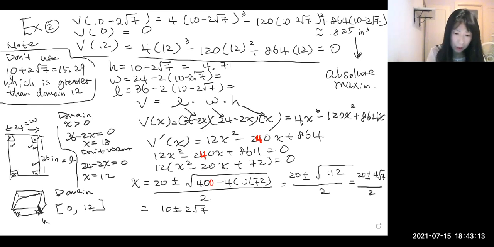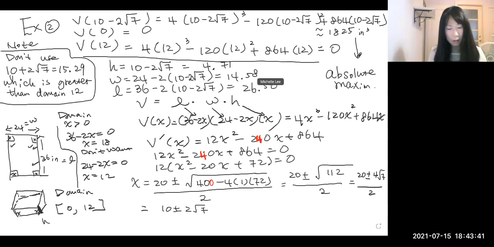And 24 minus 2 times 4.71. So maybe we can do 4.71, right? Let me do 36 minus 2 times 4.71. Okay. So I got 26.58 for this one. How about the second one, 14.15? Okay, thank you very much for doing this. All right, good job.